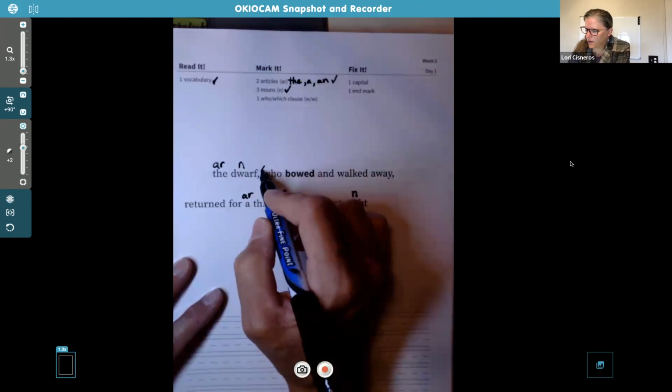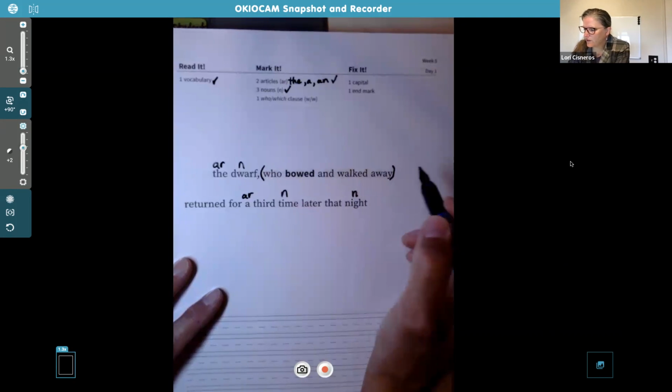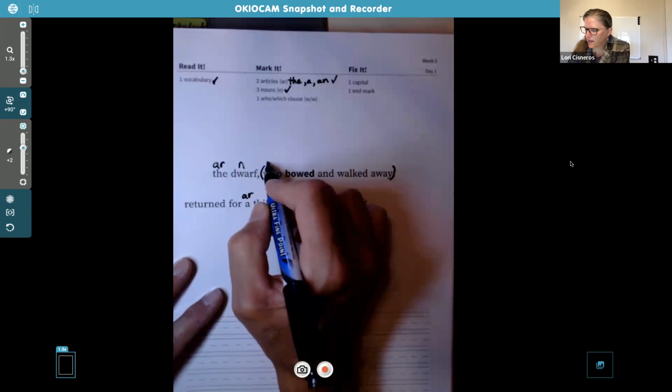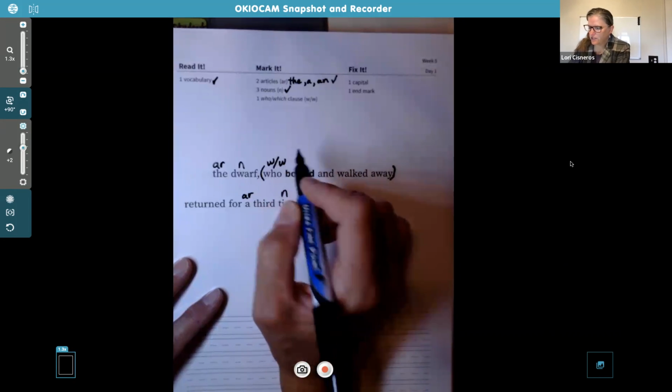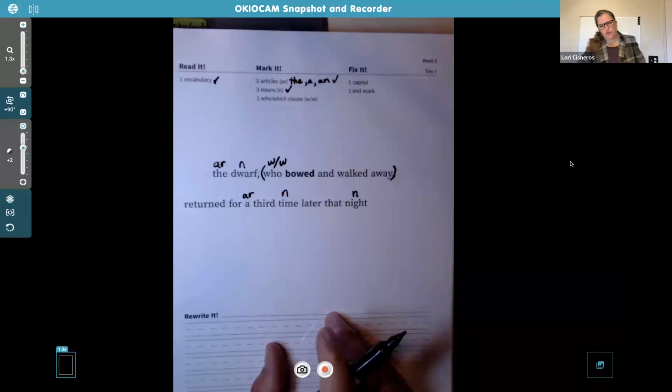Good. So we're going to put parentheses around that. Perfect, Wyatt. Good job. And then we're going to label it with a W/W. That stands for who, which. And remember, that adds to the sentence. The sentence can stand alone without it, but having that who, which clause really makes the sentence even more descriptive.